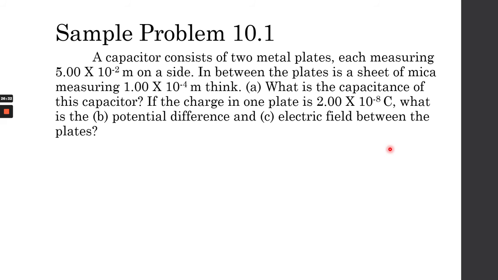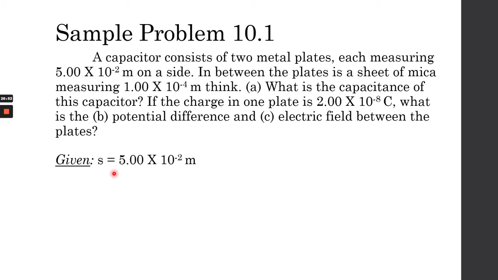So how are we going to solve this? Using the given, asked, formula, solution format, we'll have the given: S is equal to 5 times 10 raised to negative 2 meters. This is the measurement of one of the sides of your plate. Again, this is just one side, do not confuse.